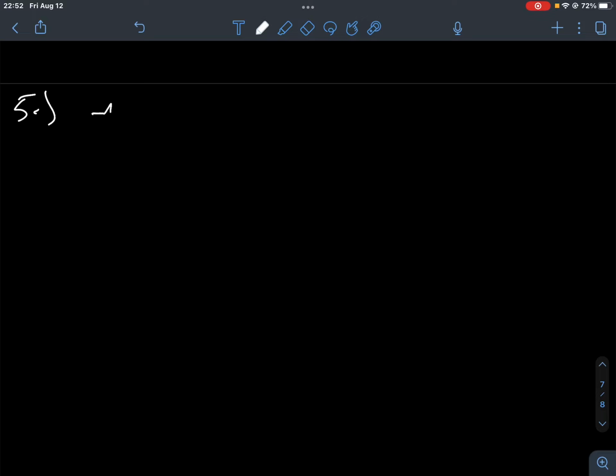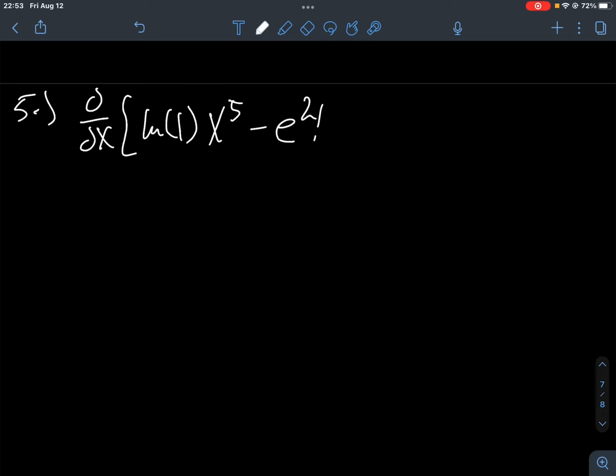Say that we're asked to find the derivative with respect to x of a function, ln of 1 times x to the 5th minus e squared ln of e x cubed.